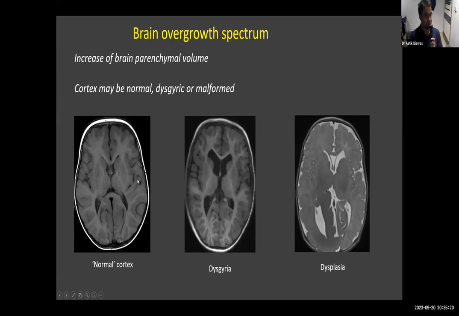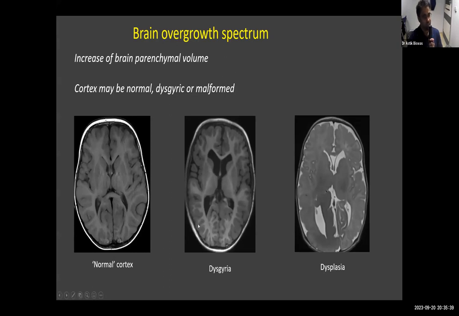And we can see 3 examples here of cases of enlarged head circumference with megalencephaly. This is a normal cortex, and I put normal in brackets because on imaging it looks normal. There might be some things that we are just not able to resolve yet.